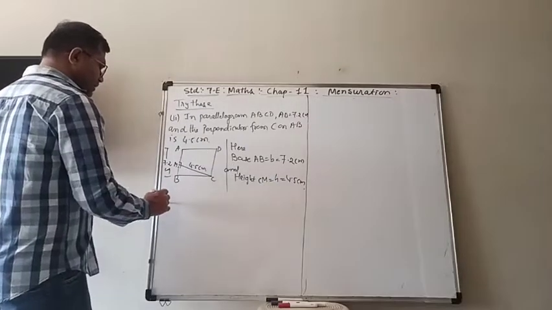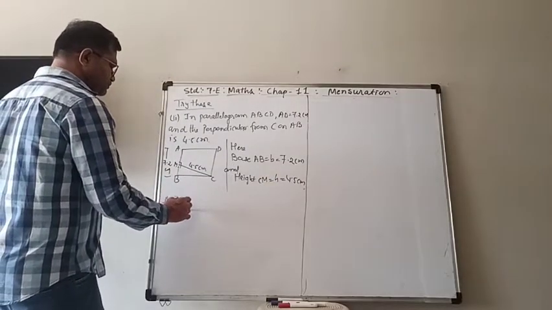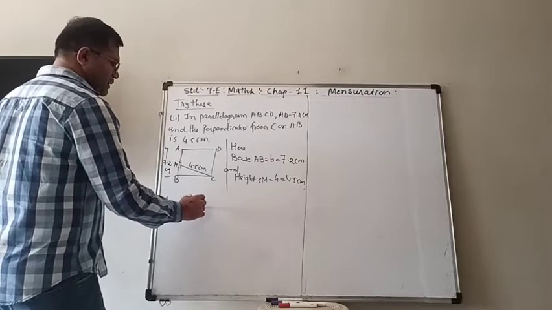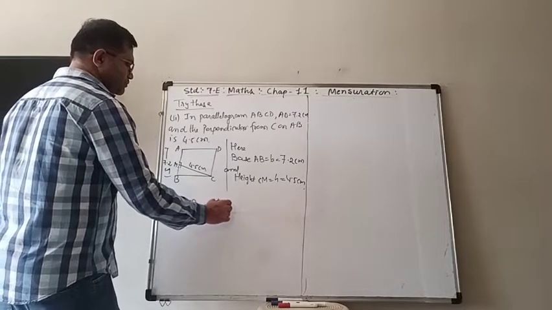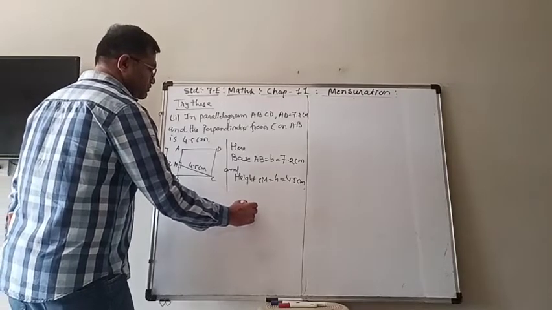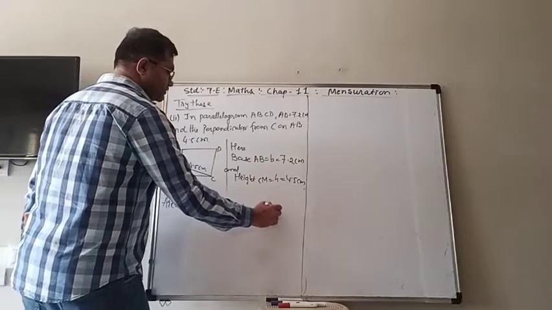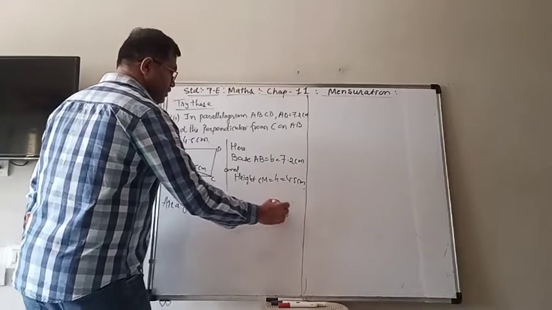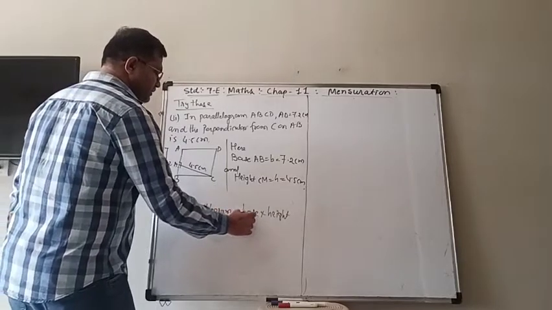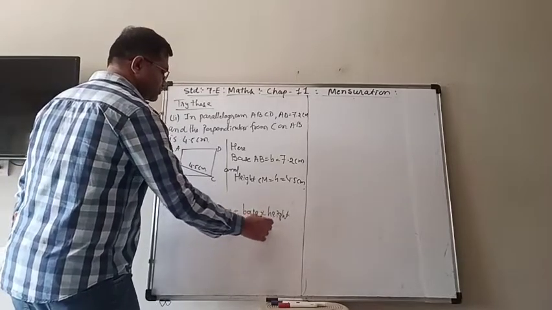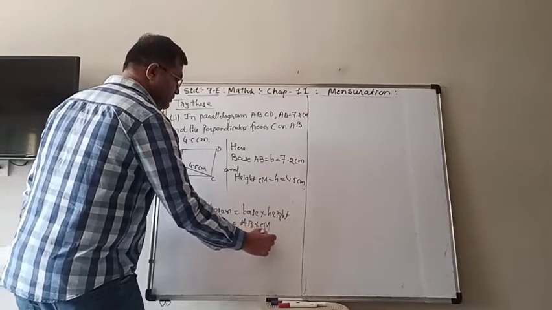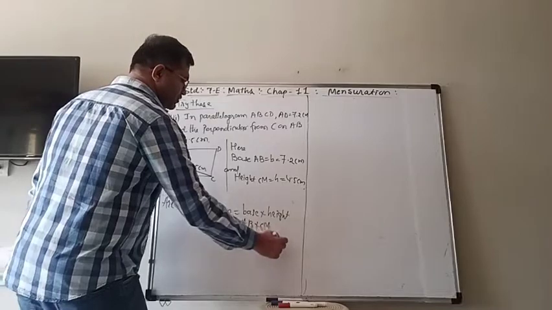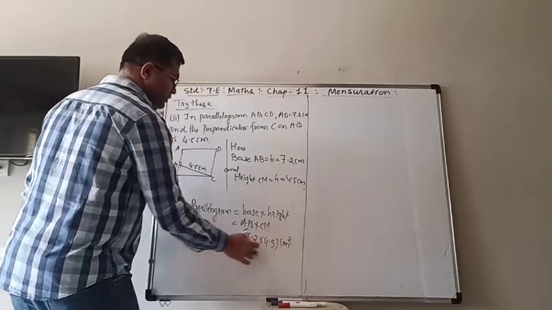So now area of parallelogram is equal to base multiplied by height, that is AB multiplied by CM. It is 7.2 multiplied by 4.5 centimeter square.